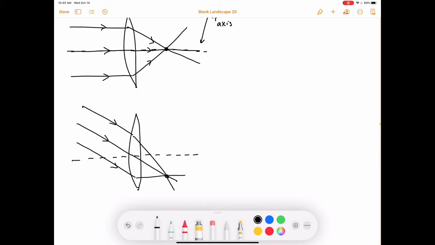And so this would be our focal point. Okay, so there's not just one focal point. There's a whole plane where all the different focal points lie, and that's what we call the focal plane. So you'll focus the light at different points along the focal plane depending on what angle those incoming rays are coming in at.